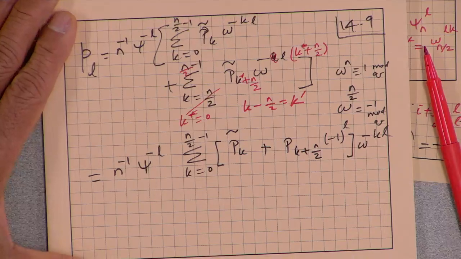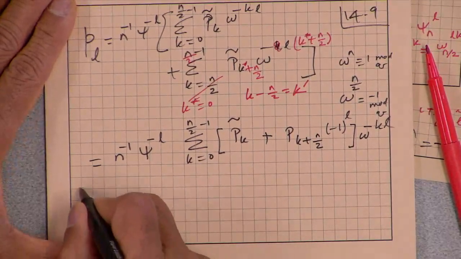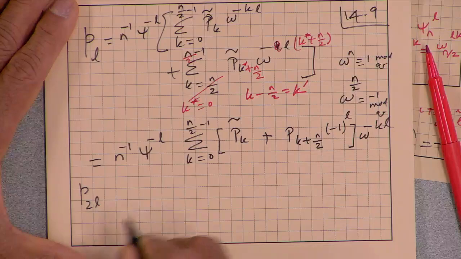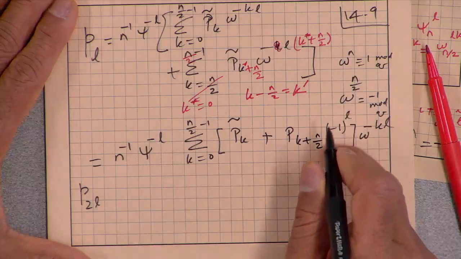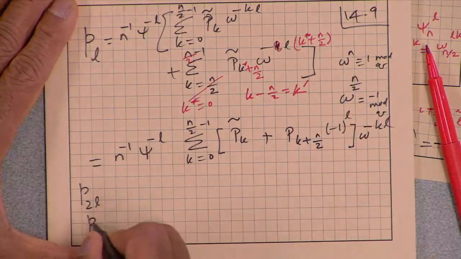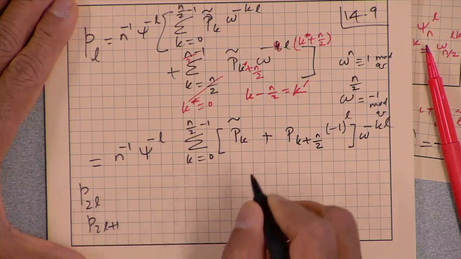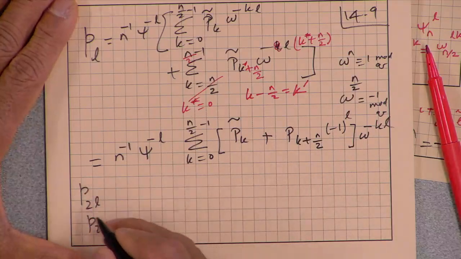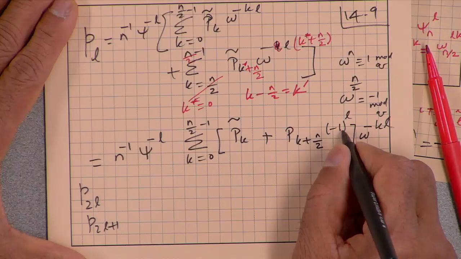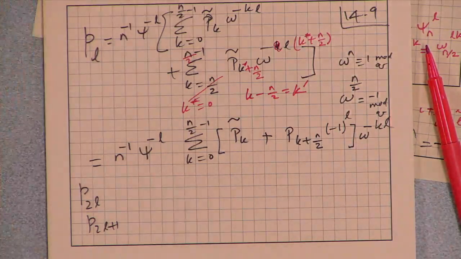Now we can evaluate separately p 2L, and the p 2L plus 1, that's odd. So we can evaluate even and odd separately, and that will become negative.